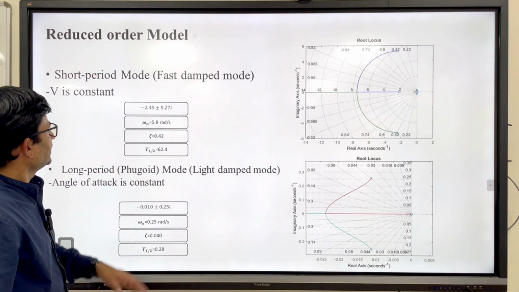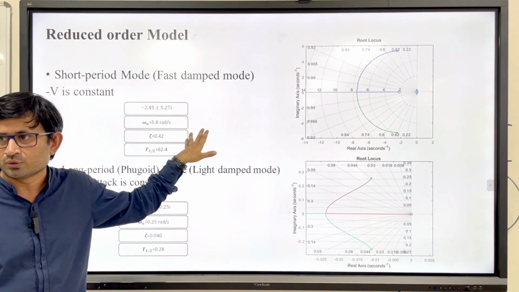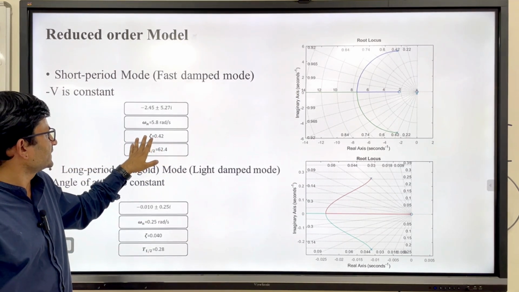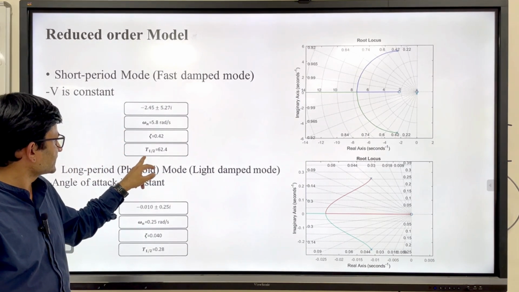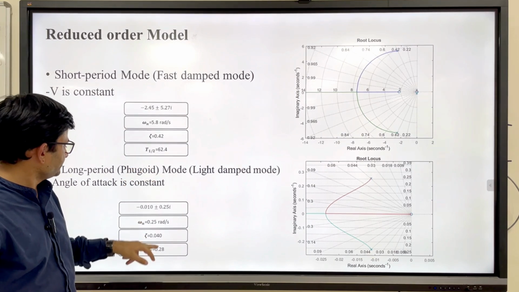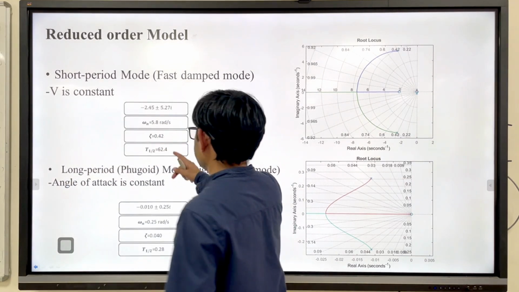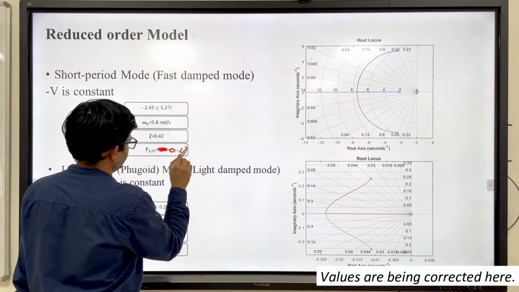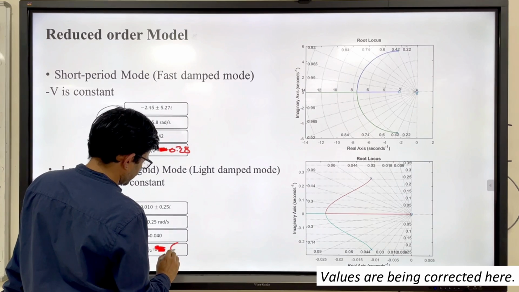See also how to locate the root in a root locus, I clearly told you, right? How to find zeta and omega, that also I told you in the previous classes. Now you can see these two values, 0.28 and 62.4, right?